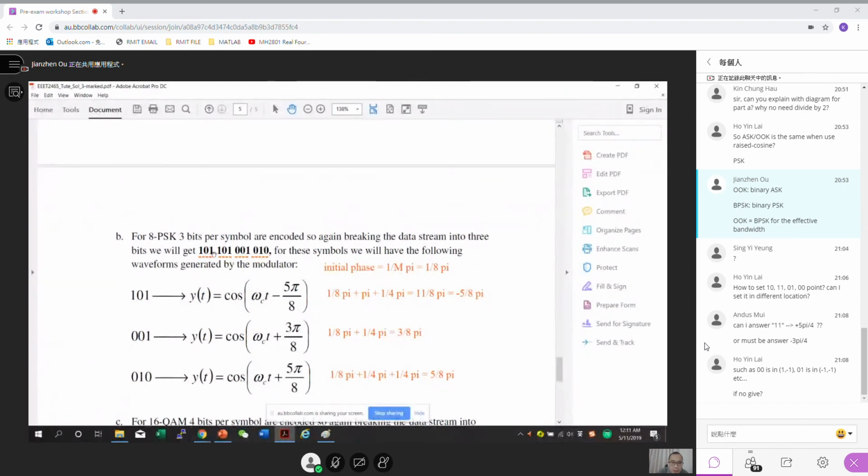You can see 101 and 101, the first and second combinations, are the same. So we can just use 101 here, and 001 and 010. So that's why I get these three combinations here.